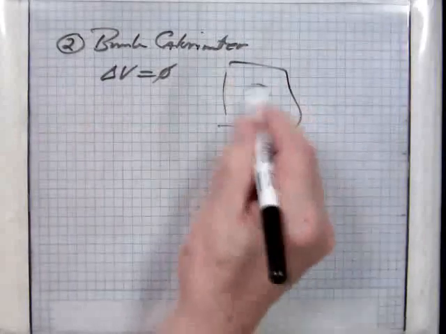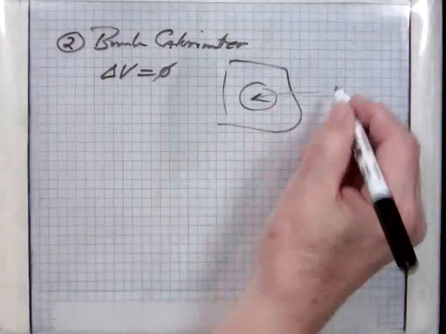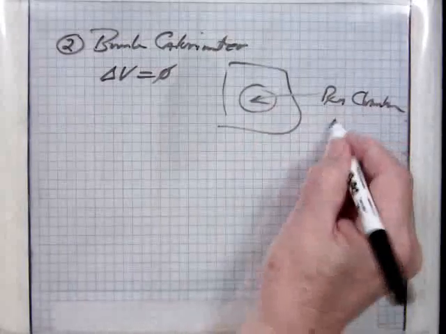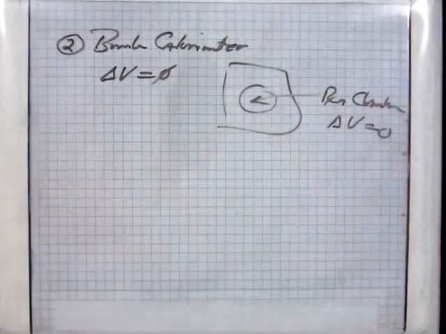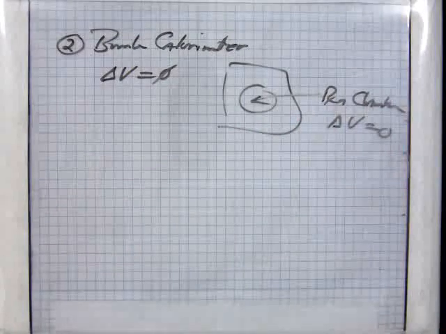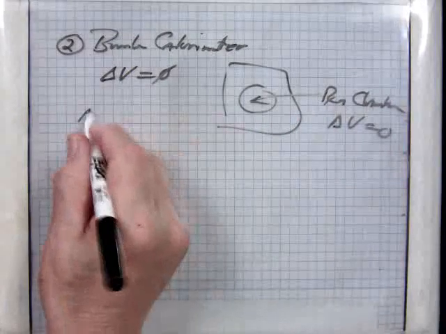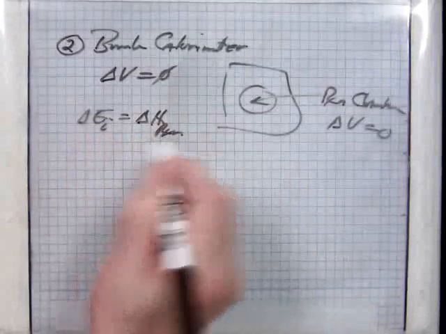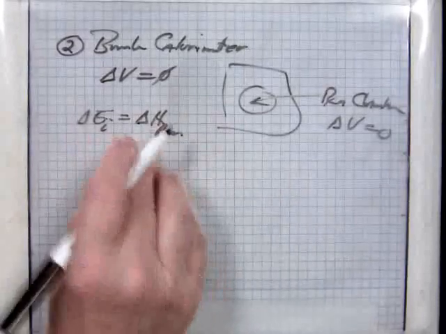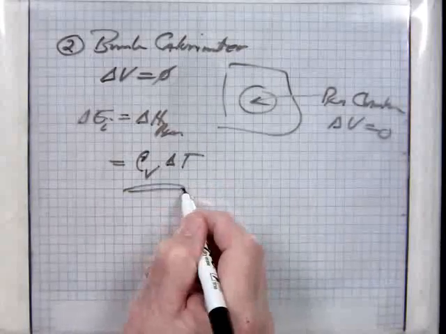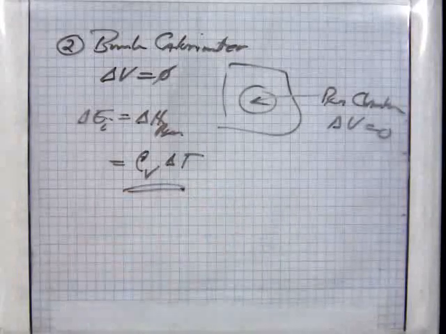You have this chamber, delta V equals 0, and so there's no change in that chamber. It doesn't expand or compress. So delta E for this one equals delta H of reaction, and that's equal to C sub V delta T. That's the bomb calorimeter problem, so that's all that involves.